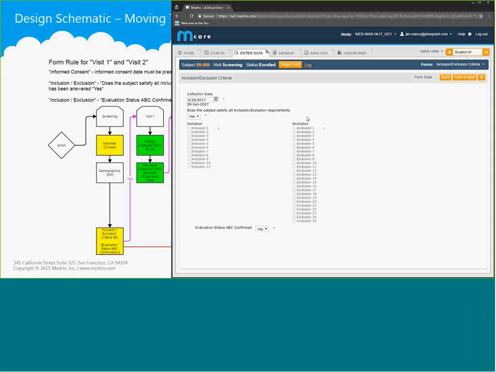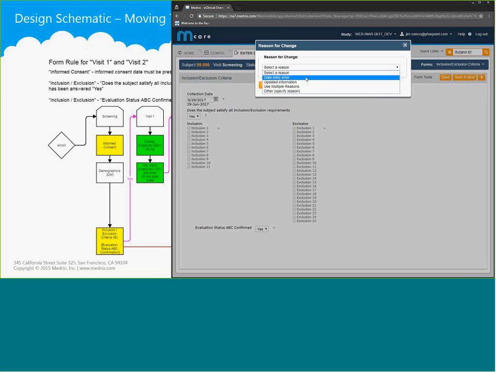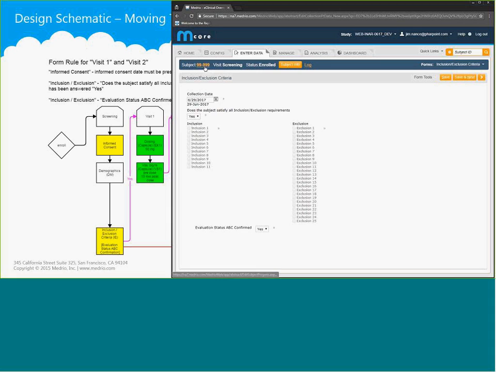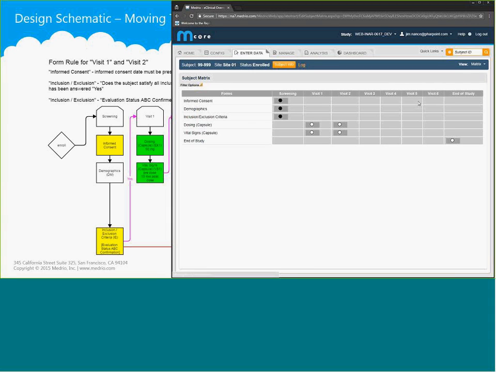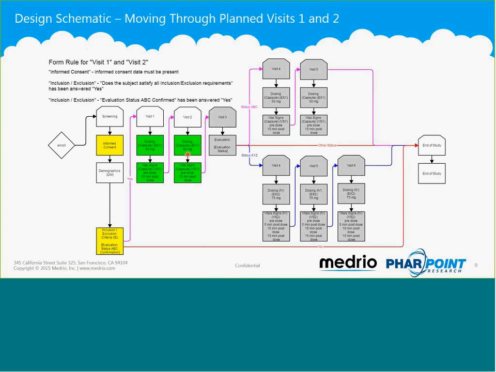So here's a subject where they did meet their inclusion-exclusion criteria, and before proceeding into the study, we had an actual confirmation of the status of ABC. Yes, we're now proceeding into the study as Visit 1 and Visit 2 with dosing and vital signs designed for a 50 milligram capsule.